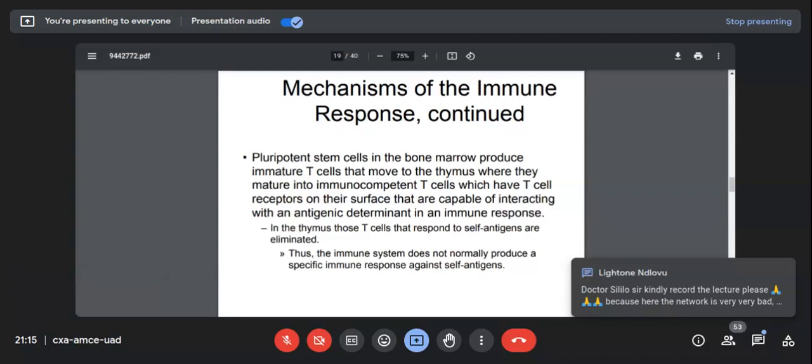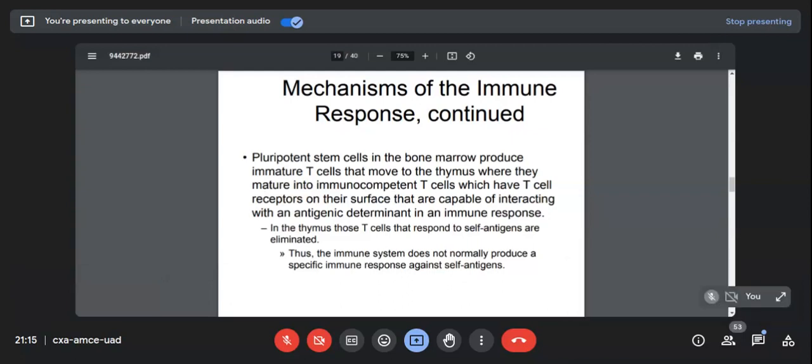So it's called a T cell because it matures from the thymus to become a matured T cell, also called an immunocompetent T cell. So take note that an immunocompetent T cell is not an activated T cell.